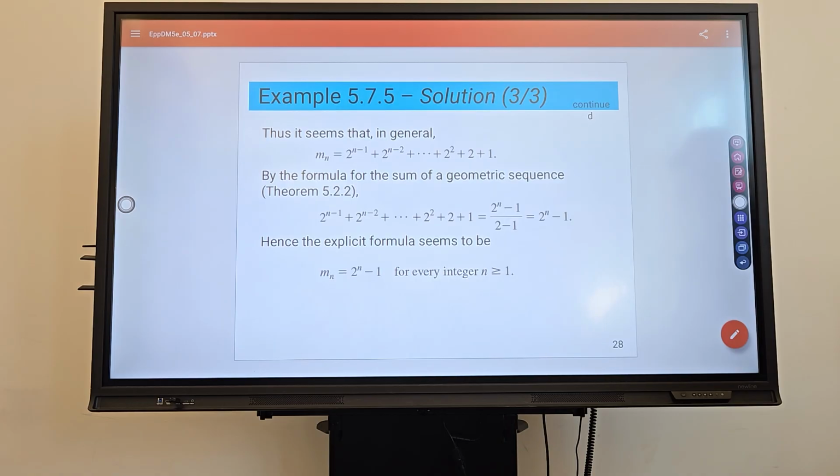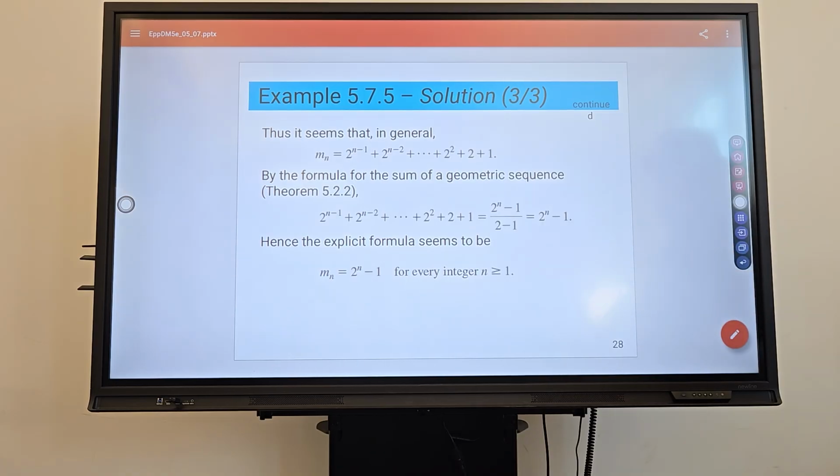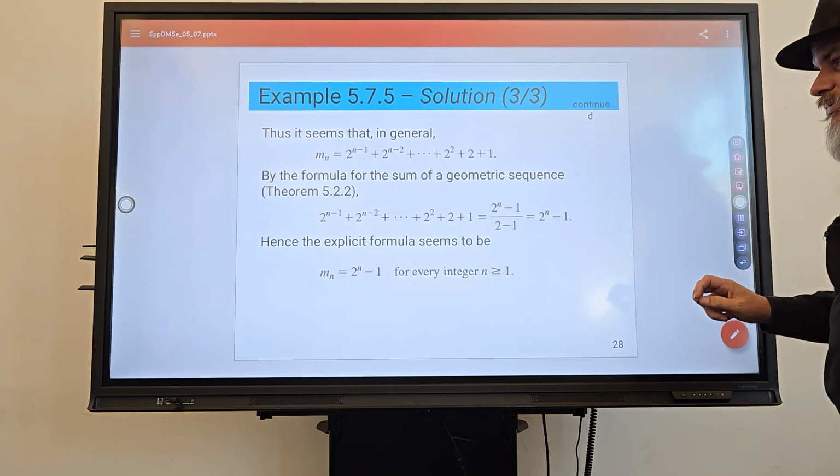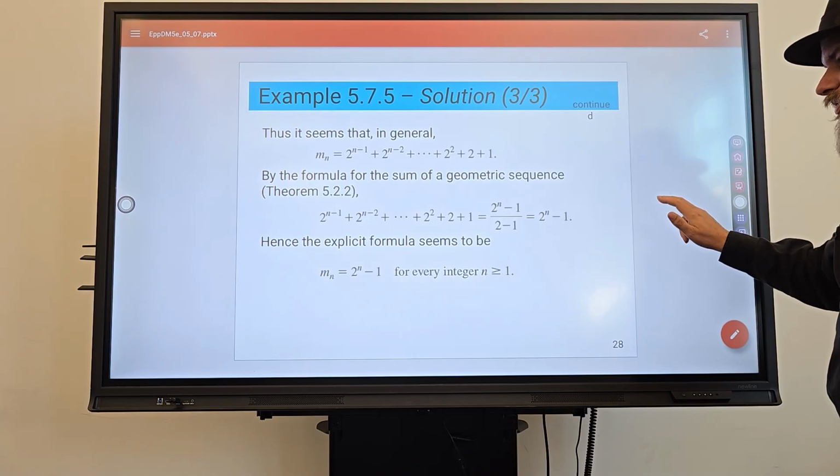By the formula for the sum of a geometric sequence, theorem 5.2.2, that would equal 2 to the n minus 1. Hence the explicit formula seems to be m sub n equals 2 to the n minus 1 for every integer n greater than or equal to 1.